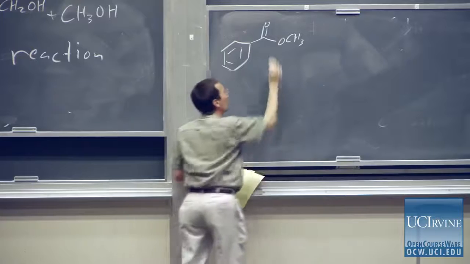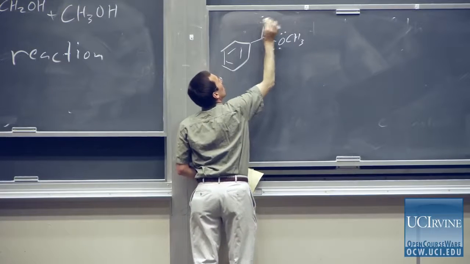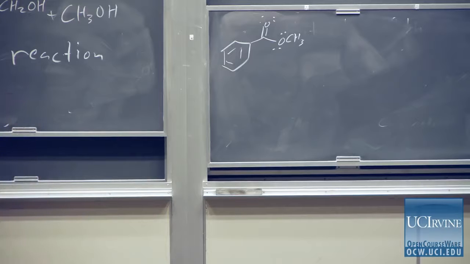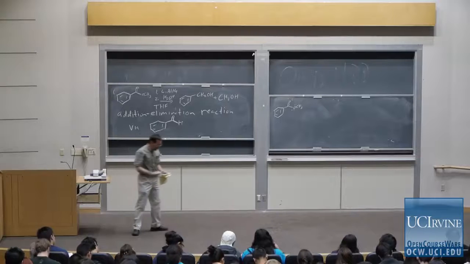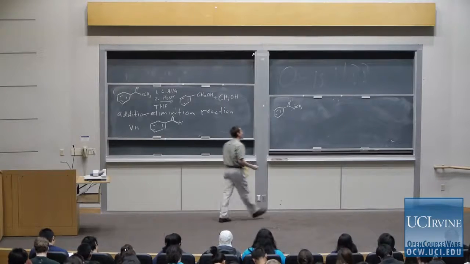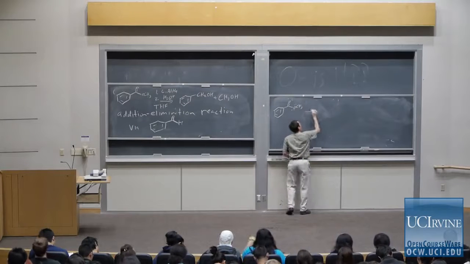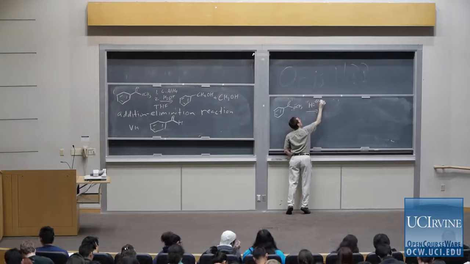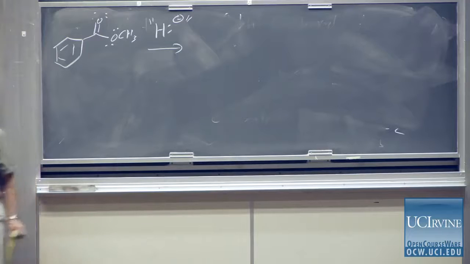And I will, at least for the moment, try to be a good person and write a good mechanism in which I write lone pairs of electrons and try to keep track of my charges. And to keep things simple, rather than writing out all of lithium aluminum hydride, I'm going to write just an abstraction of a hydride anion.